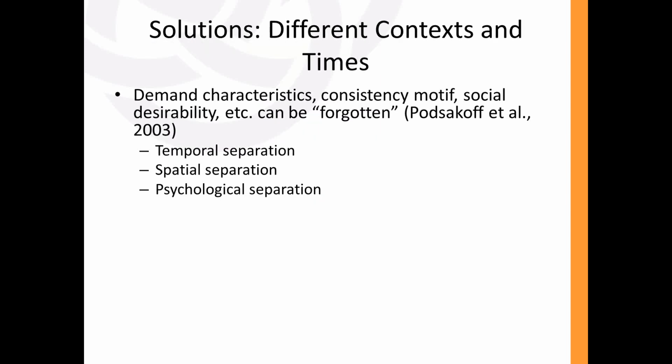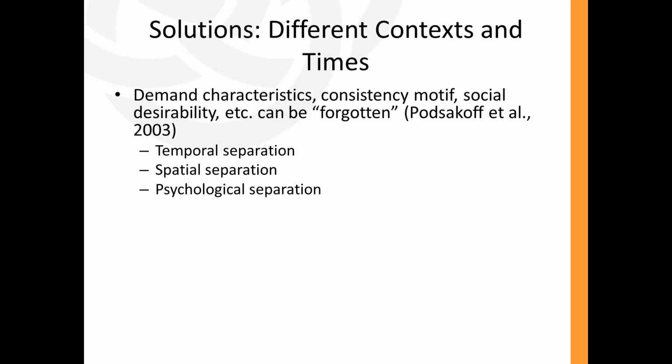So that's one technique. Another technique is to collect data in different contexts and at different times. The idea here is, going back to the cognitive psychology of it all, that these demand characteristics that people perceive, the consistency motifs that they develop, the social desirability that they perceive themselves as needing to exude, are all literally forgotten over time.